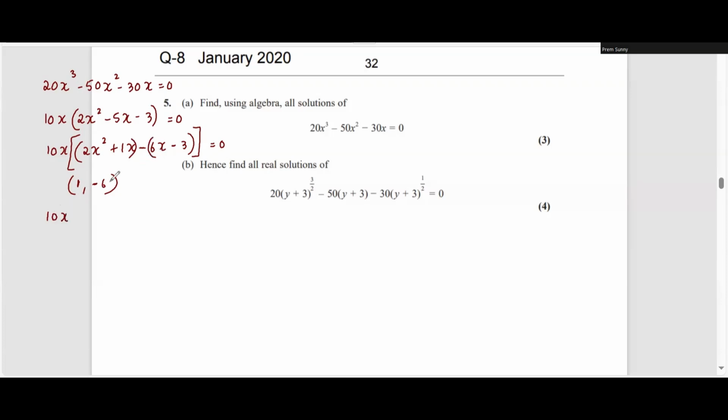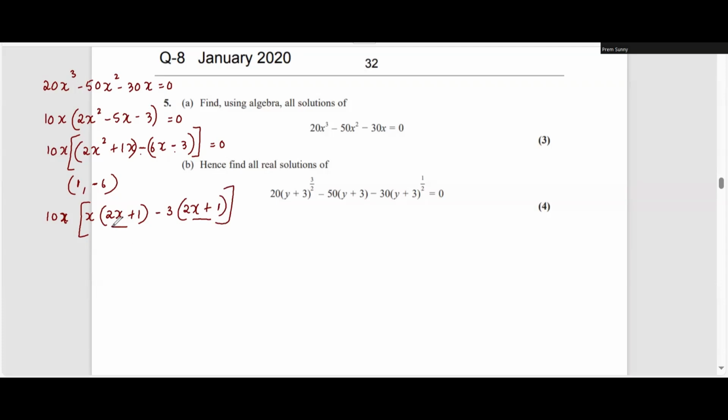Taking x outside, we are left with 2x plus 1. In minus 6x minus 3, 3 is common. Taking 3 common outside, we get 2x minus into minus is plus 1.